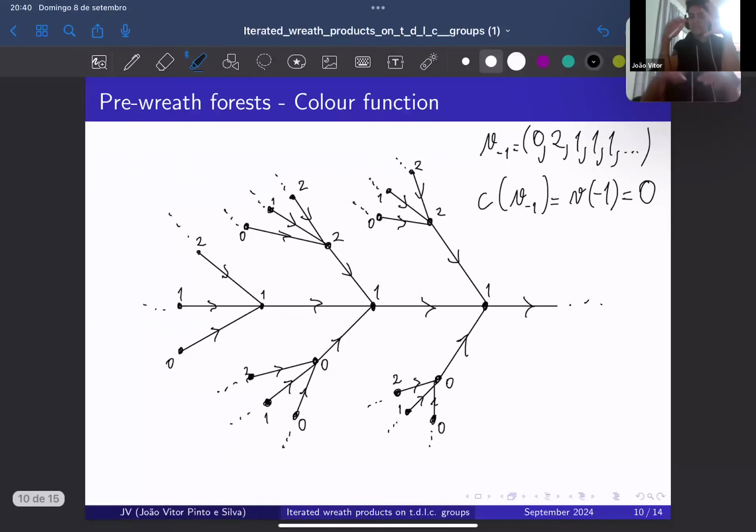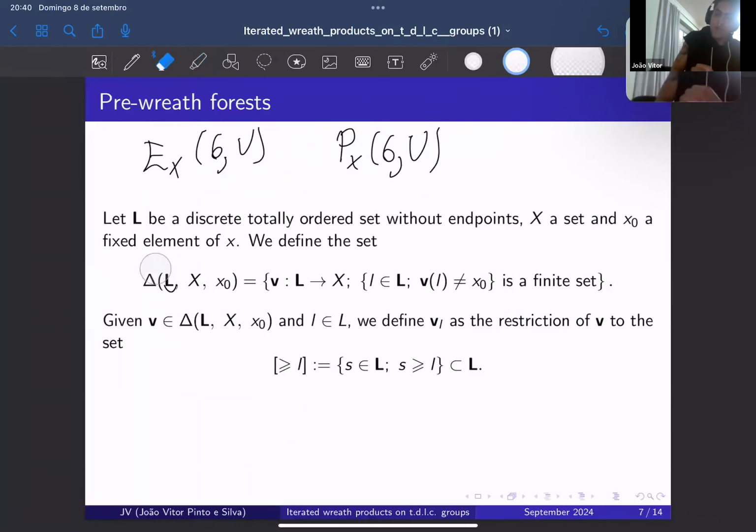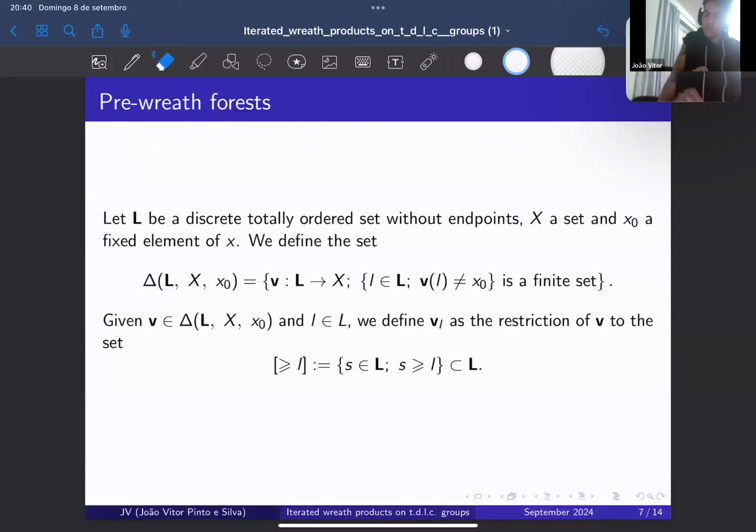And instead of just describing this tree, what I want to describe is functions from my totally ordered set to my indexing set. So I want to have all the functions, I will call them V, from my totally ordered set to X, such that for a fixed element of my set X, I cannot go outside of it many times. How do I explain?